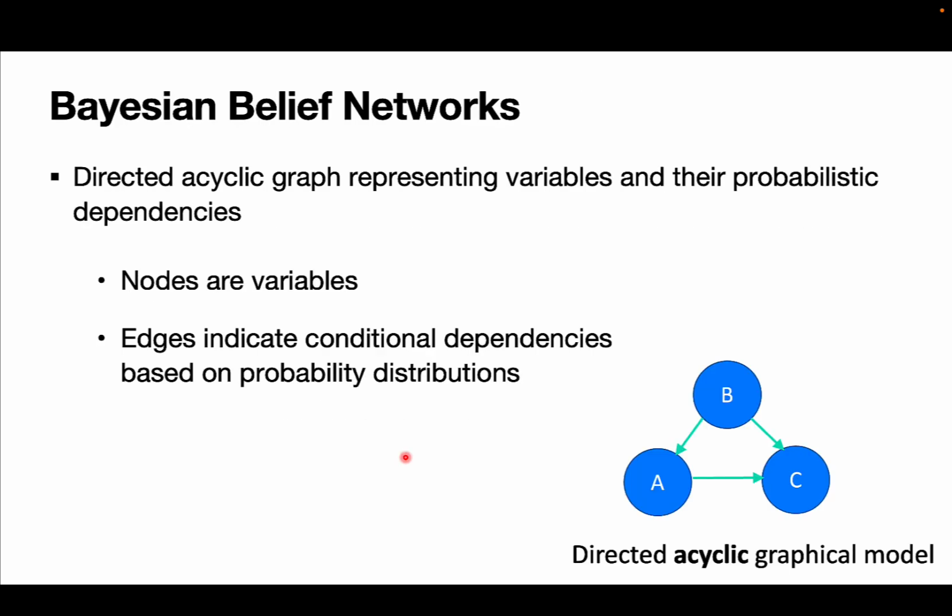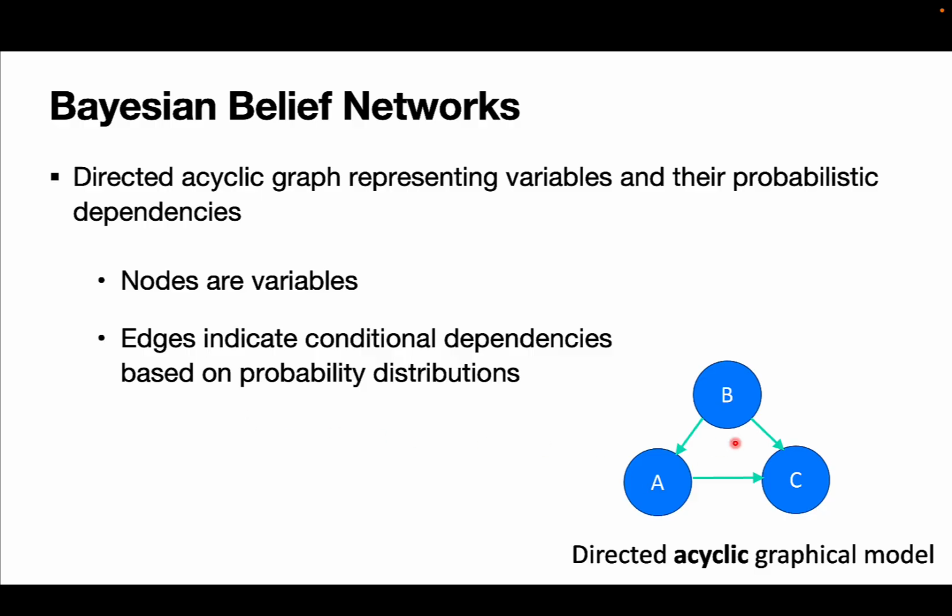Let's revisit the structure of a Bayesian belief network, which is represented as a directed acyclic graph, where the nodes are the variables and edges indicate conditional probabilities and capture the dependencies between the variables.